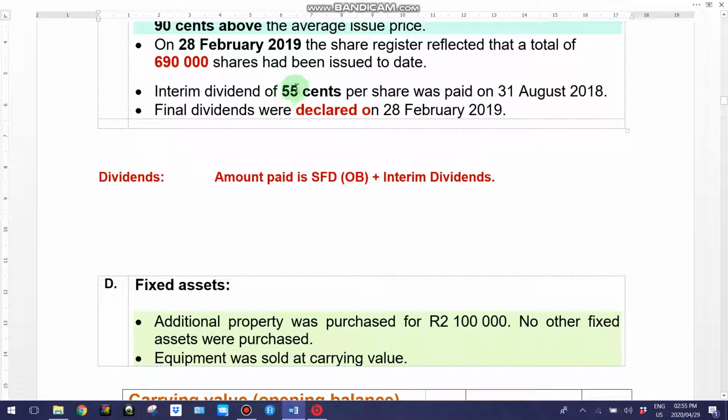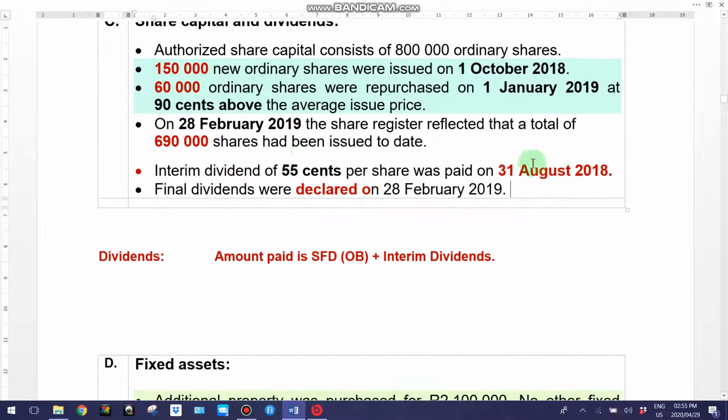Now here it says 55 cents per share, and you must always look at the date to see when dividends were paid. Now in this example, an interim dividend was paid on the 31st of August, and then the new shares were issued on the 1st of October, so they were not there. So you need to look at this dividend here now.